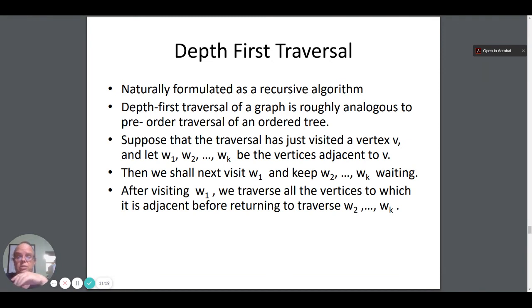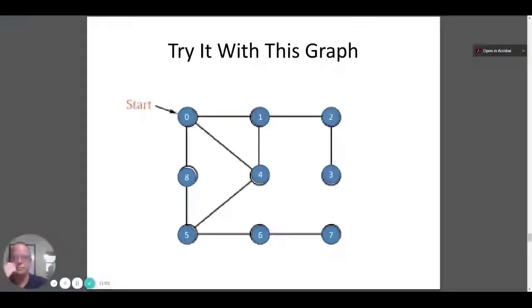So imagine that we start the traversal and we visit vertex V, and W1 through WK are the adjacent vertices to V. So we visit W1 and then keep visiting the neighbors of W1 and keep W2 through WK waiting. After visiting W1, we traverse all the vertices to which it's adjacent, then do the same for W2, and finally we finish off at WK.